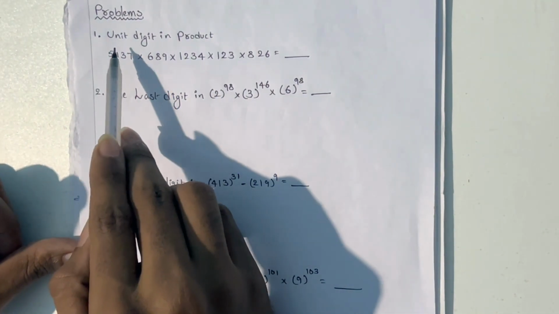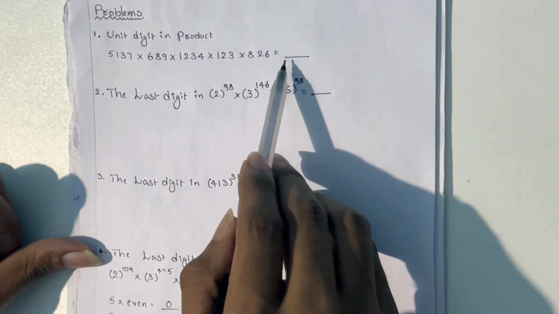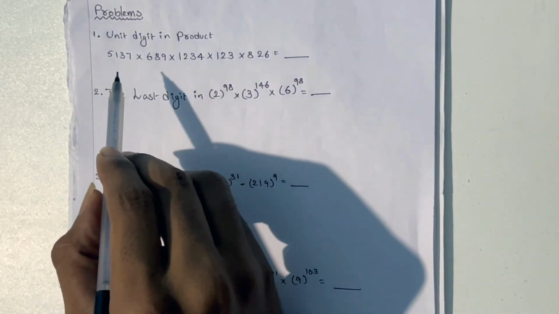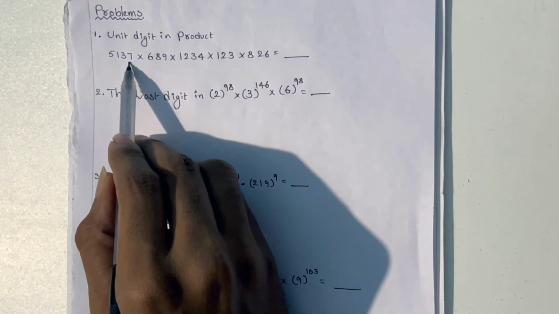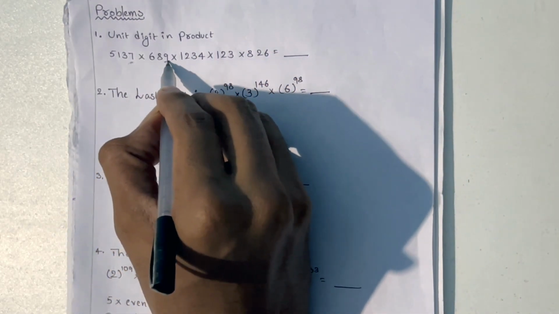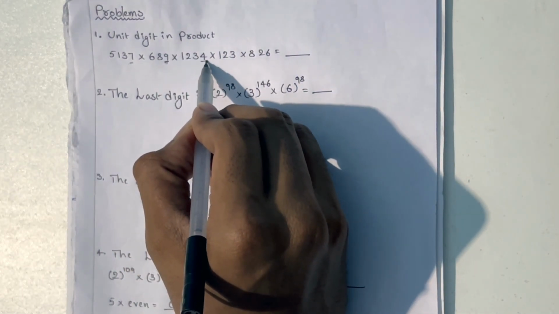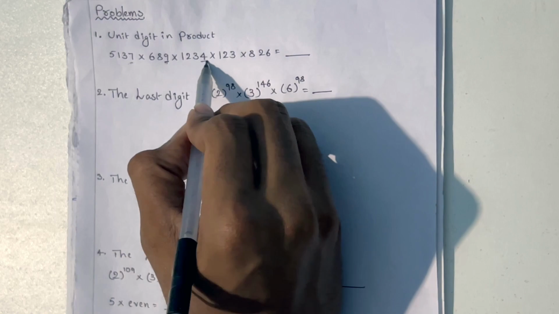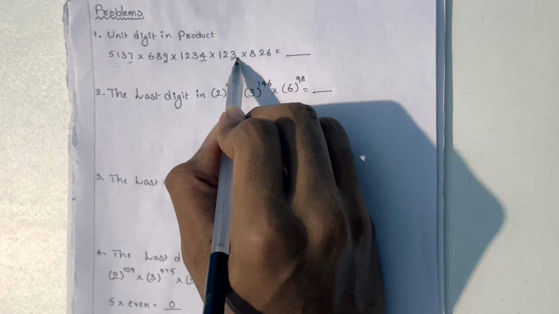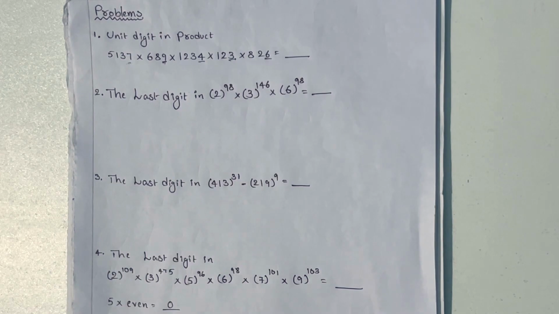Here's the first problem: the unit digit in the product. We just need to find the unit digit after multiplying, so we only deal with unit digits. 7 into 9 is 63, so take 3 only. 3 fours are 12, so the unit digit is 2. 2 threes are 6, and the unit digit is 6. 6 sixes are 36.